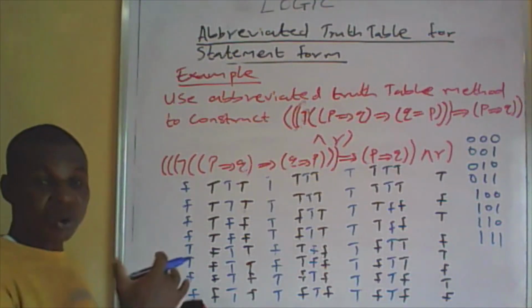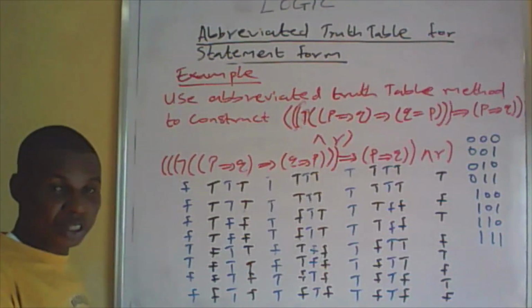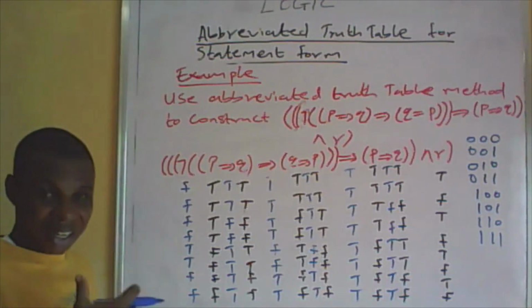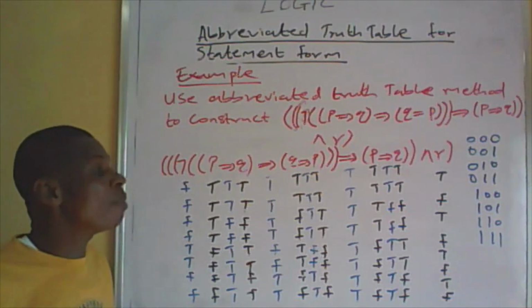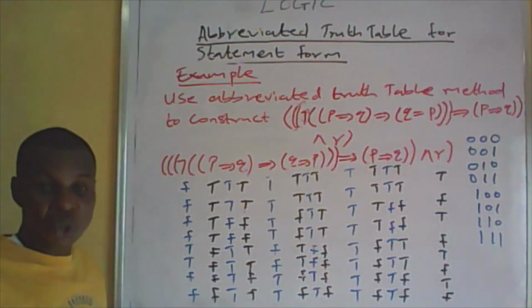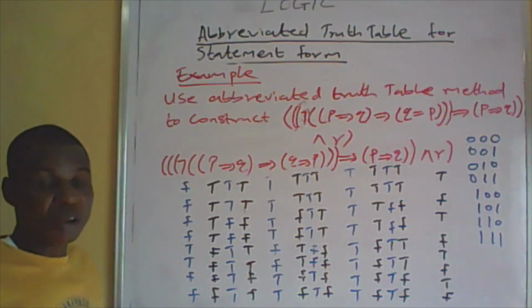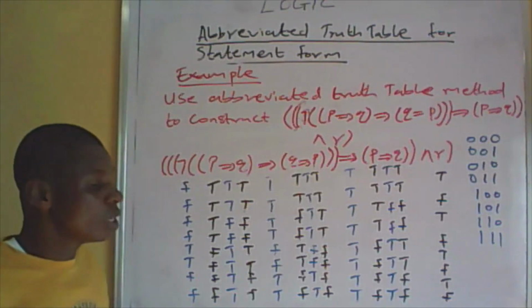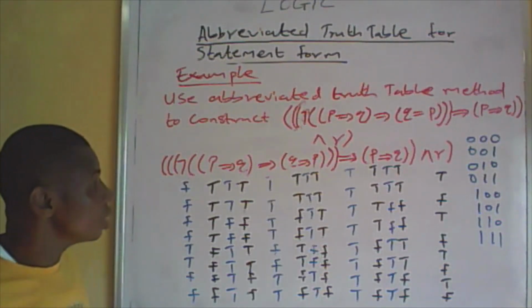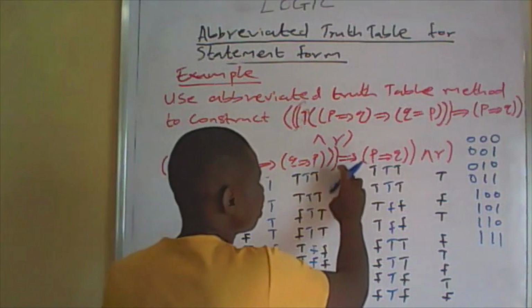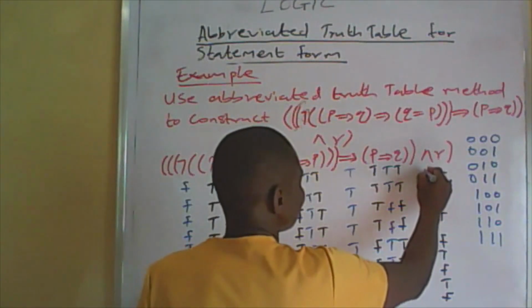That means the first conjunct is true and the second conjunct is true, or if there are three, however many there are, the conjuncts must all be true. That means the truth values must be T. So here you have T, so it is T.